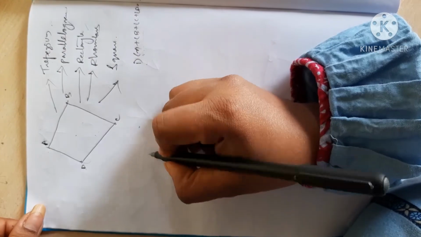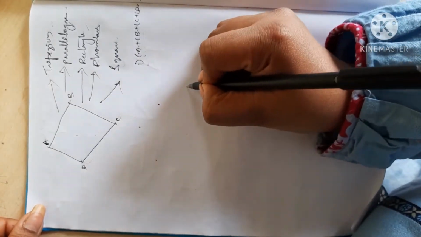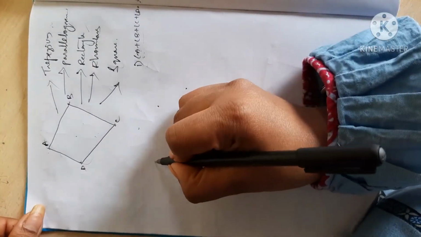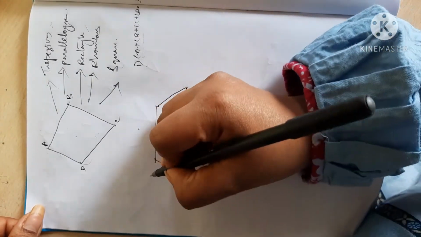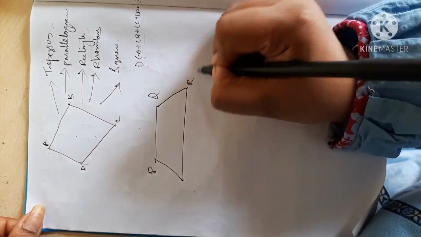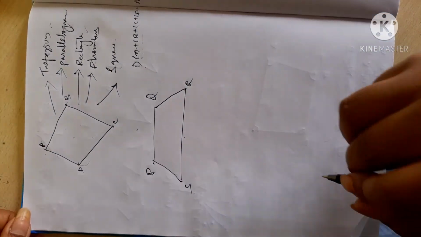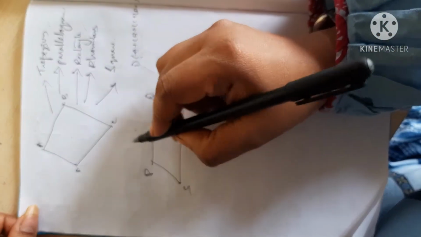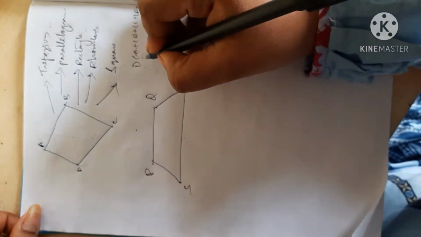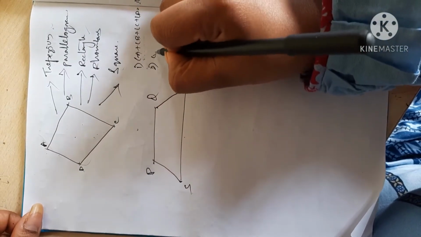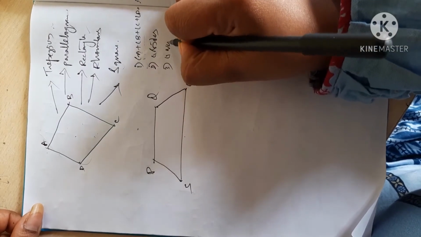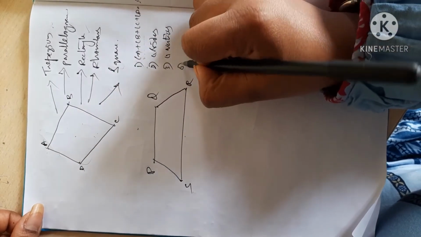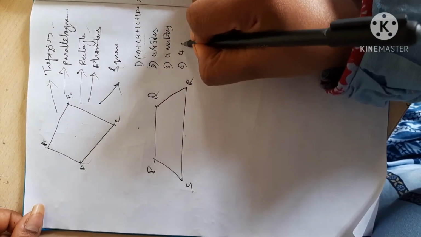Let's talk about what this trapezium is. Now, let's take P, Q, R, S. If you observe, it has 4 sides, 4 vertices, 4 angles.